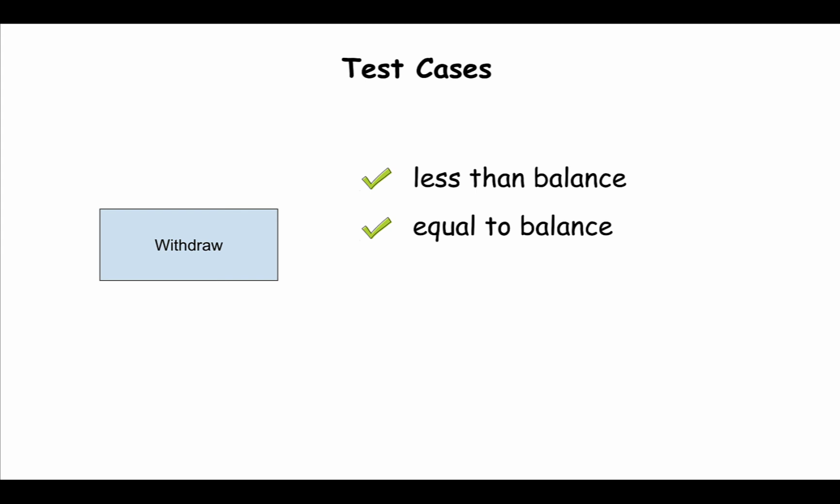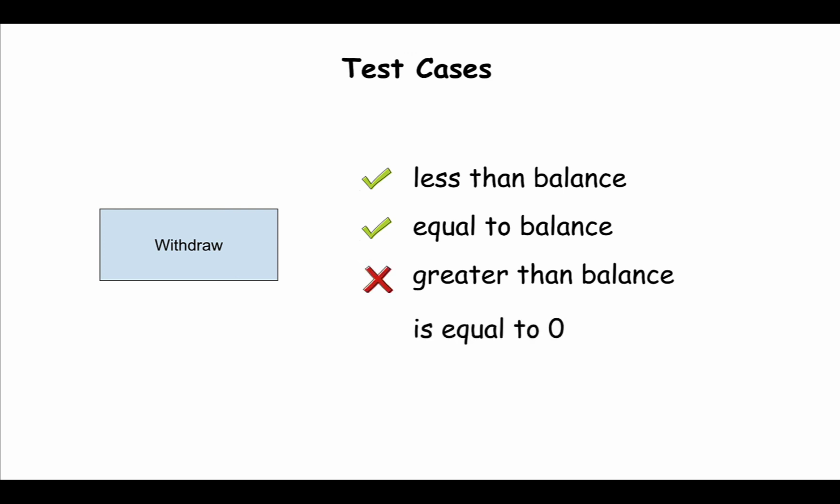Some banks may require a minimum amount to remain in the account to keep it open; greater than the balance, and this test should fail; equal to 0, and this test should pass; less than 0, and this test should fail.